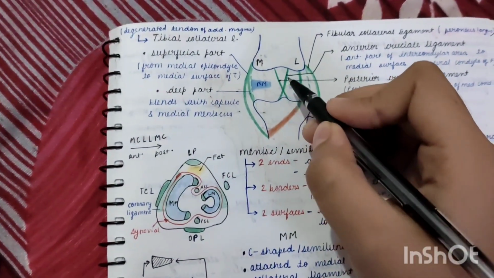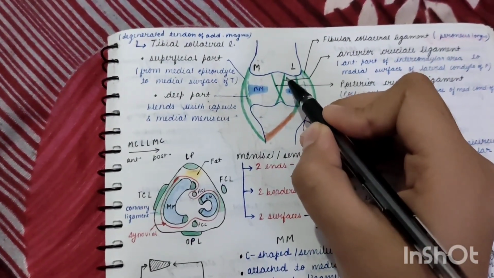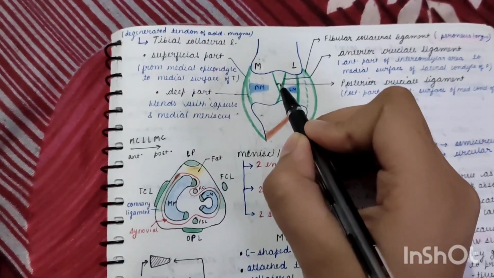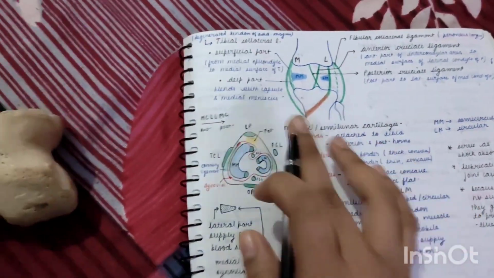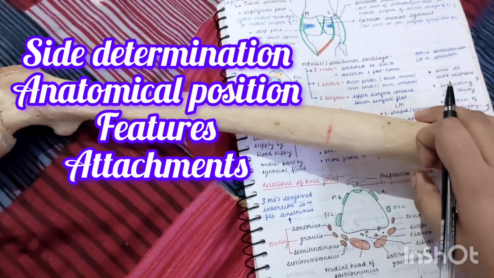There are two other ligaments known as the anterior cruciate ligament in the lateral epicondyle and the posterior cruciate ligament from the medial epicondyle. So this was all about the femur, side determination, anatomical position, features and attachments.